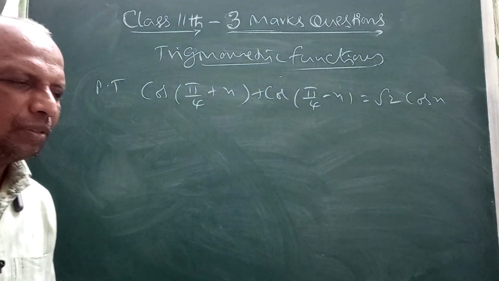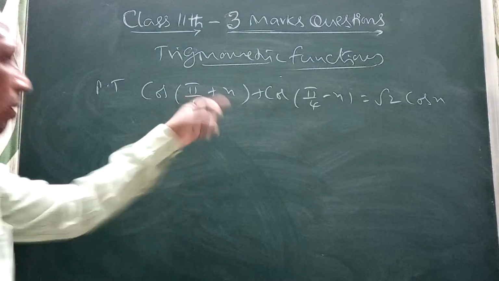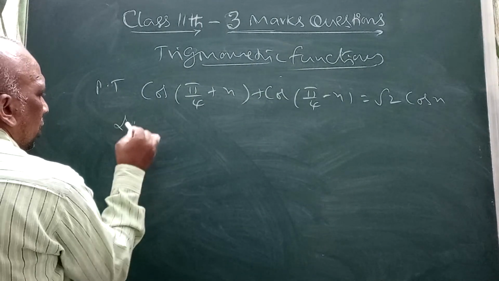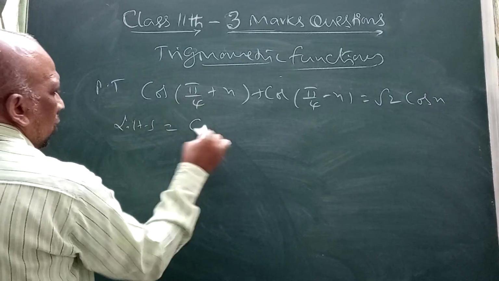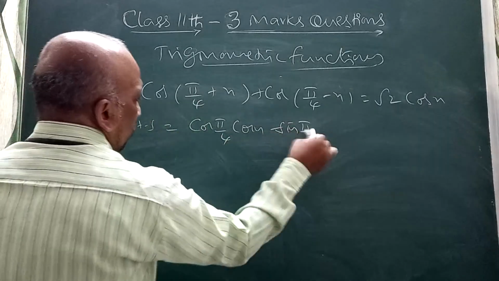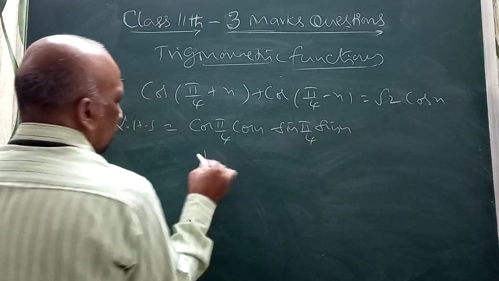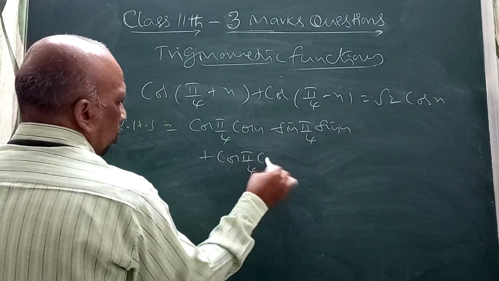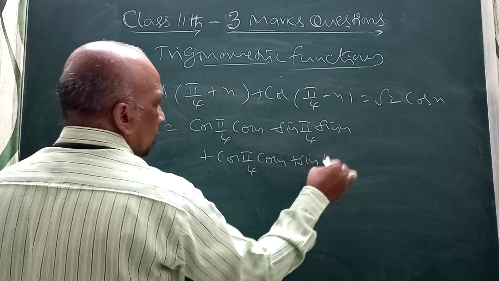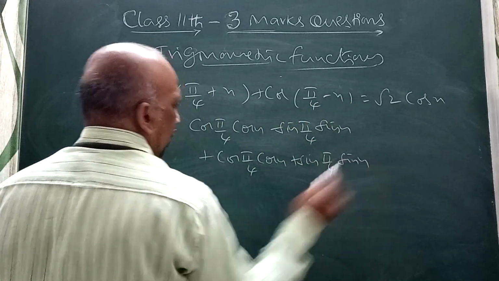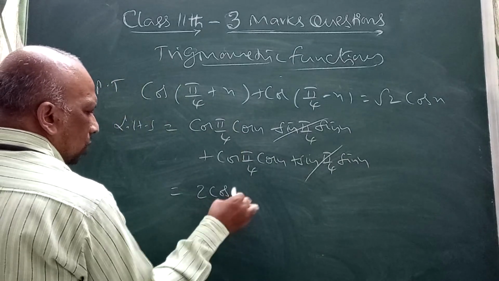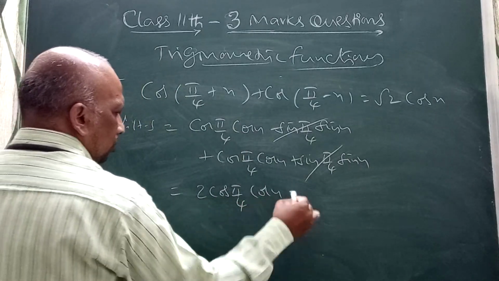Just expand that. On the LHS, cos pi by 4 cos x minus sin pi by 4 sin x, plus cos pi by 4 cos x plus sin pi by 4 sin x, because plus means minus, minus means plus. I can cancel these two same terms, leaving 2 cos pi by 4 cos x.